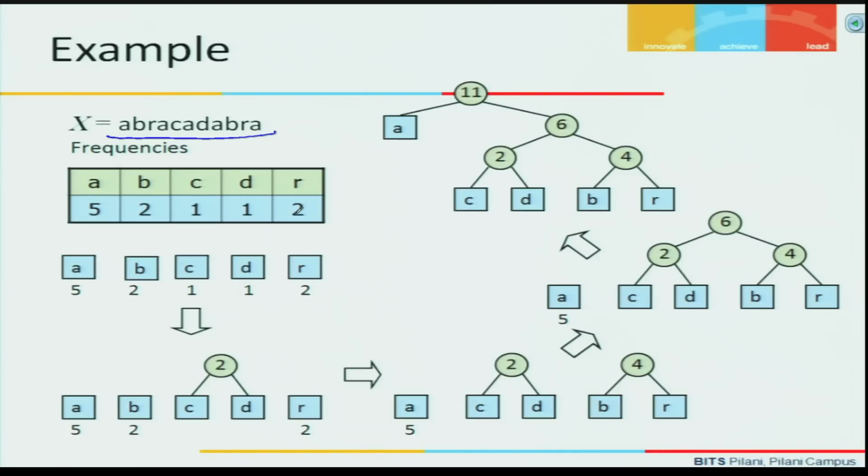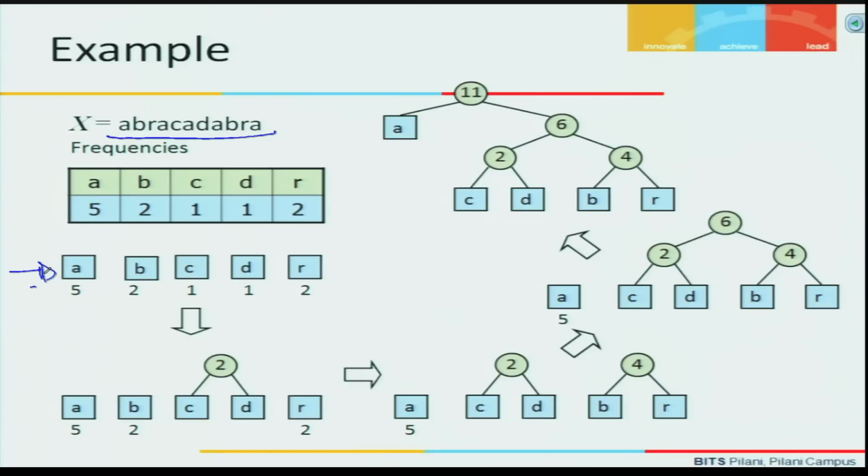So, the Huffman algorithm will begin by making all of these leaf nodes and arranging them in a priority queue based on the frequencies.